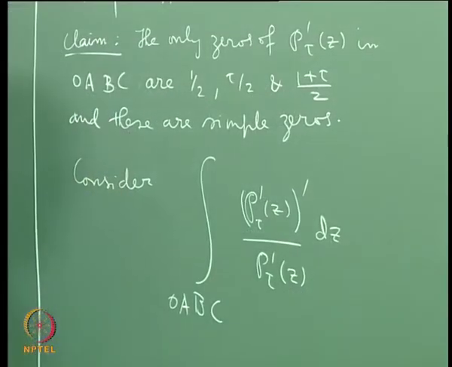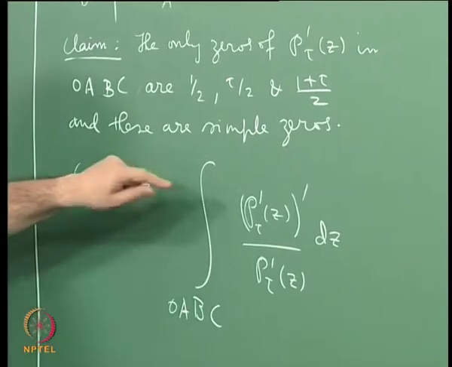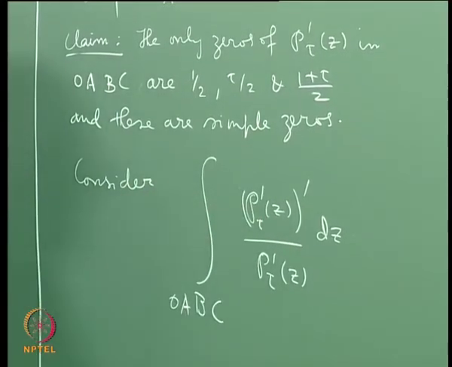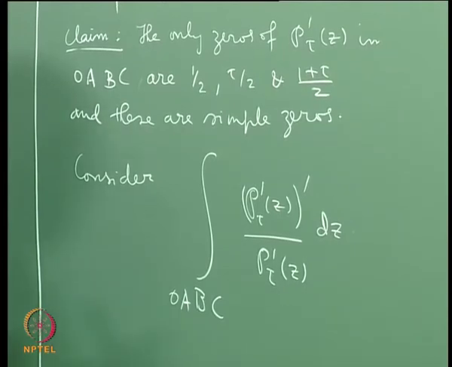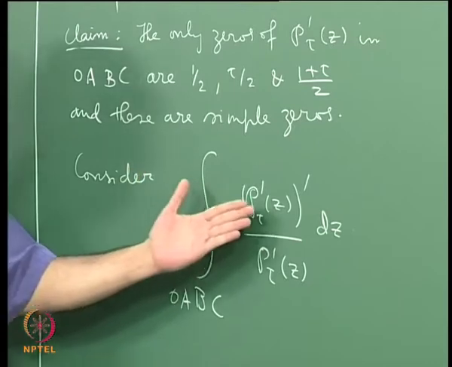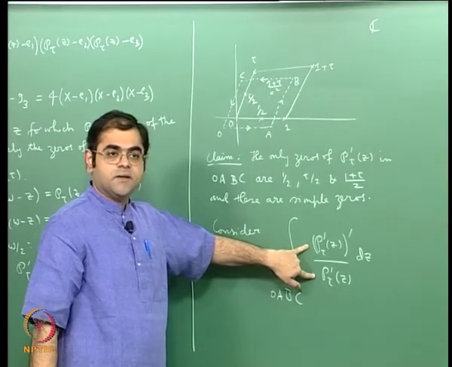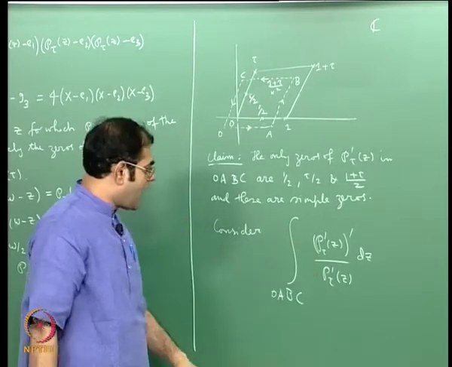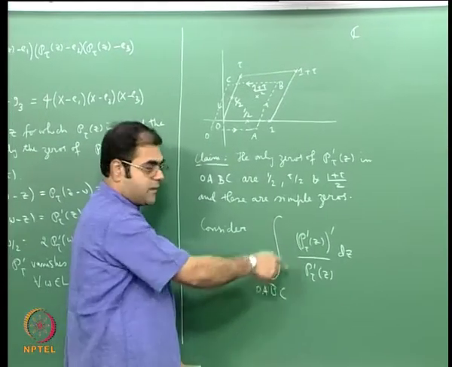Now on the one hand, because p sub tau, the phi function, is doubly periodic, this function continues to be doubly periodic, with periods 1 and tau.